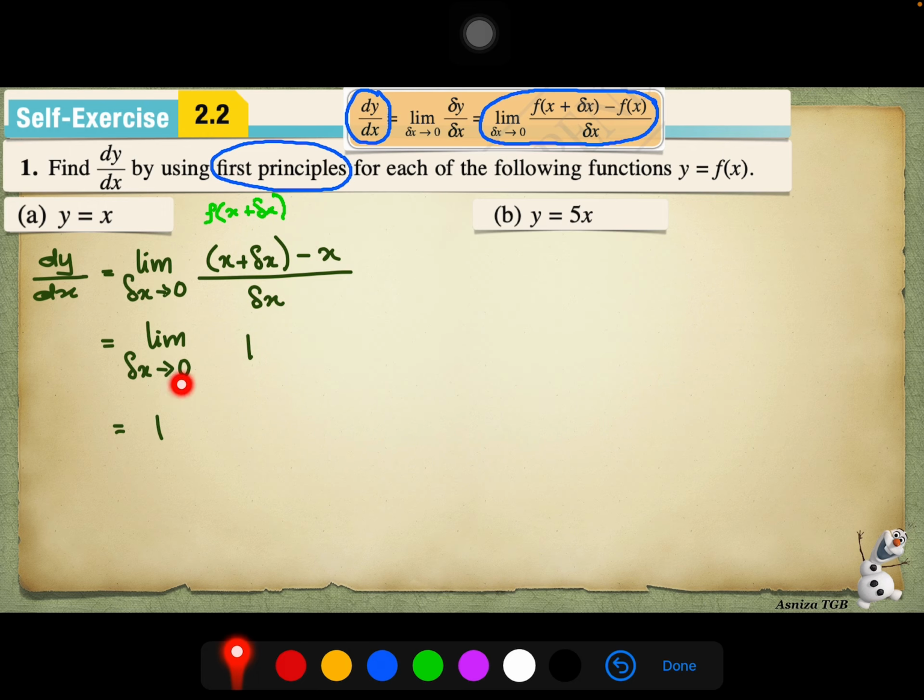Next we need to substitute delta x with 0, but we don't have any delta x term. So we proceed with the answer 1. So this is dy/dx using first principles, using the concept of limit. The value of dy/dx is 1, or the first derivative is 1. You can try B.